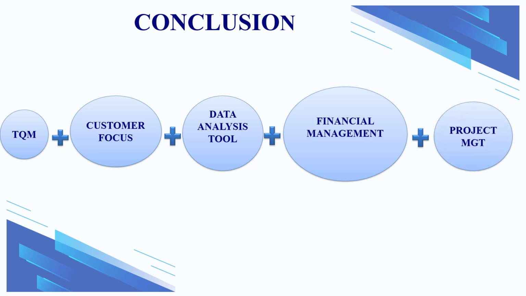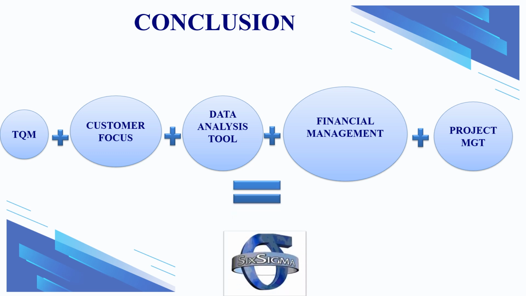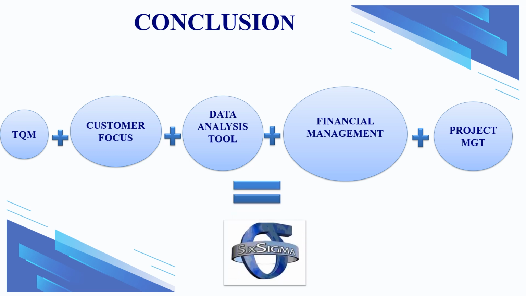These five things are important in the Six Sigma methodology, and using these five steps we get the Six Sigma method, the proper method for reduction of cost, reduction of waste, improving the quality of products, etc.